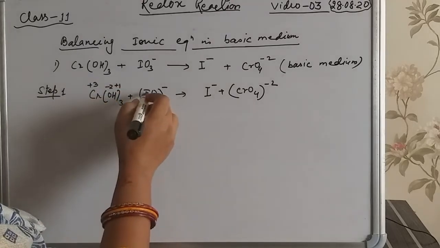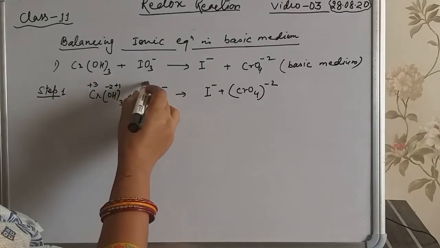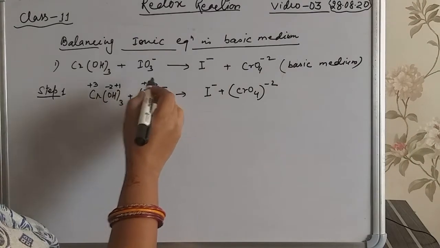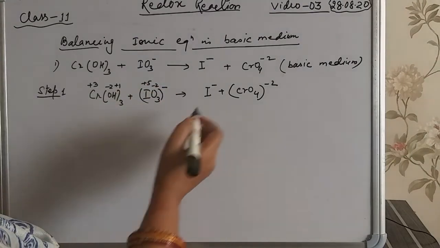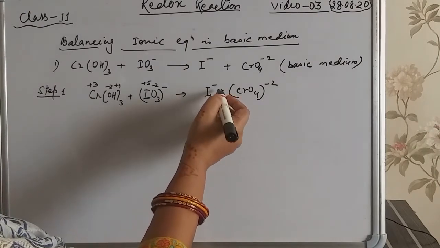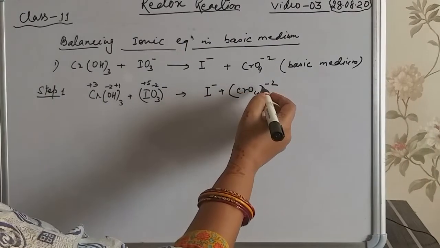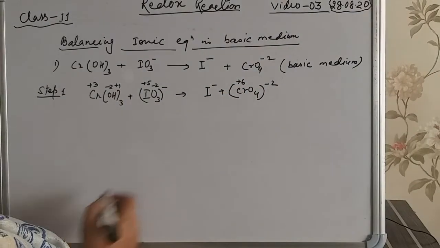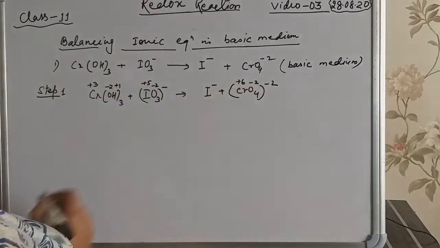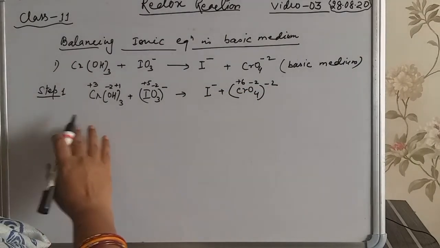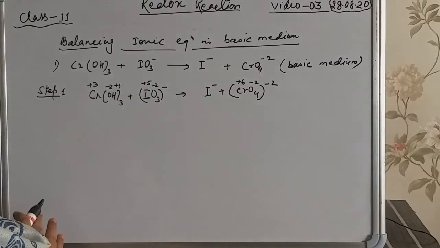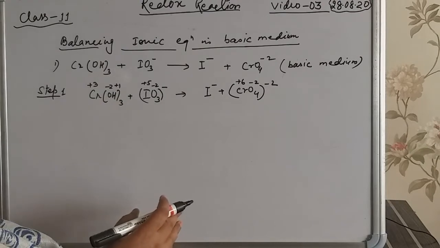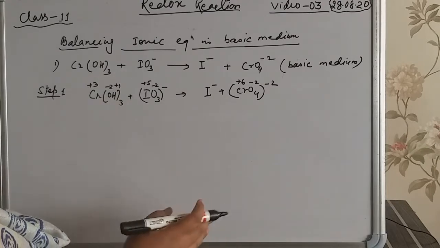In this species iodine is +5 and oxygen is -2. Iodide is present with a minus charge, and in this species chromium is +6 and oxygen is -2. So in the first step we put the oxidation number on each species so that we can find out which species undergoes oxidation and which undergoes reduction.